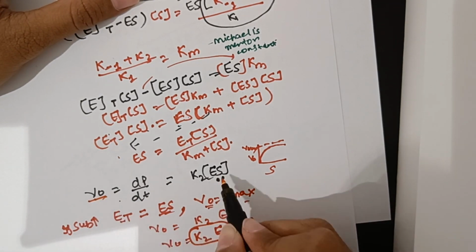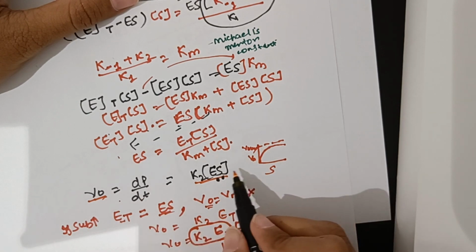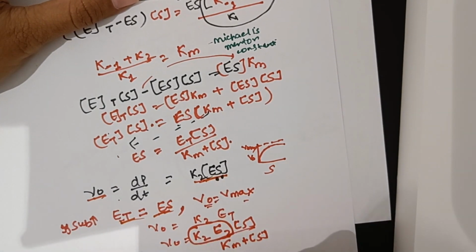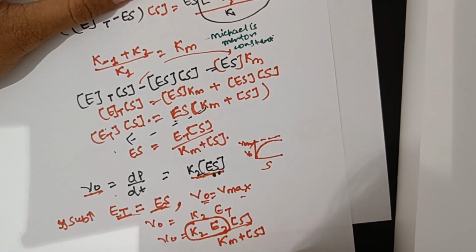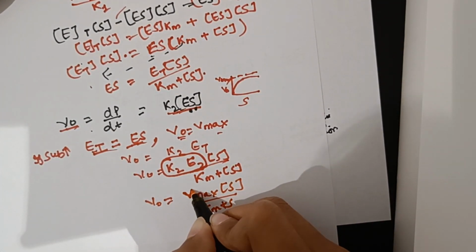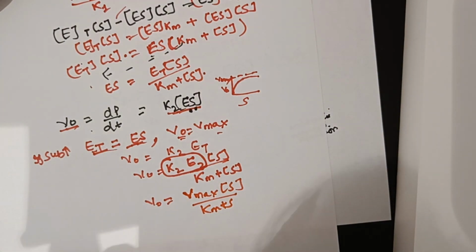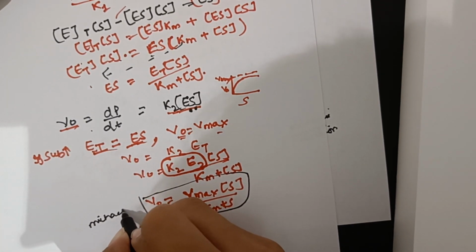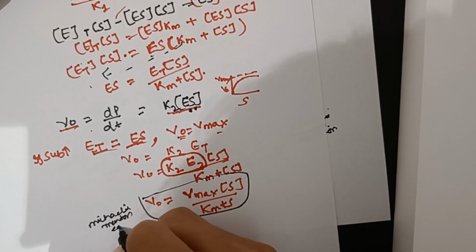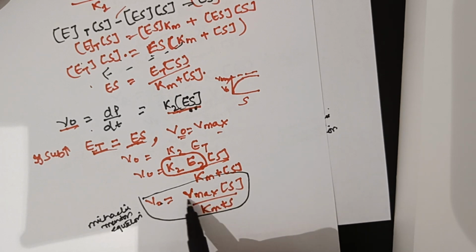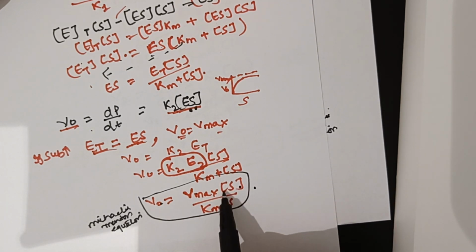Because I have talked about V naught is equal to K2 ES, but if we reach a place where it's super saturated, Et becomes ES. So this becomes Vmax, and then Km plus S. So this is our Michaelis Menten equation, where V naught is equal to Vmax, the maximum rate, multiplied by substrate, divided by the Michaelis constant plus substrate.